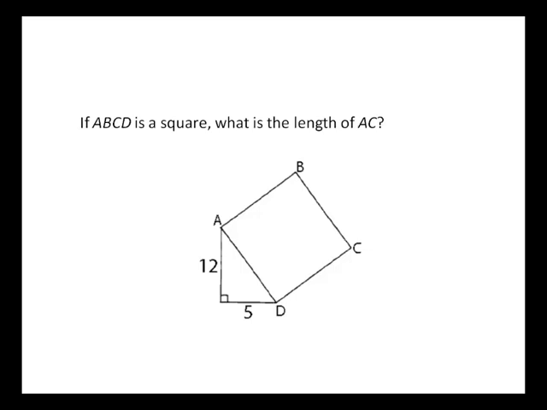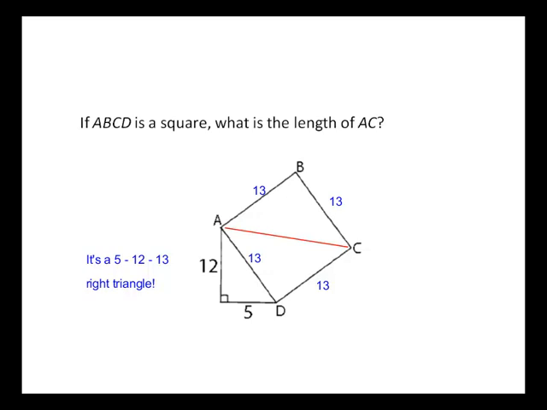That should get you looking for some shortcuts. And hopefully you saw one of them, which is that triangle on the left side is a 5, 12, 13 right triangle. If you didn't quite see it, you can use the calculator and Pythagorean theorem to figure it out.